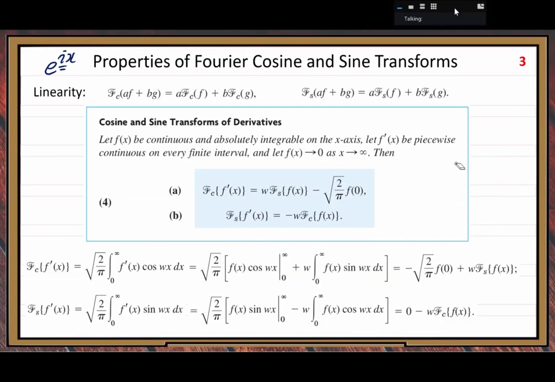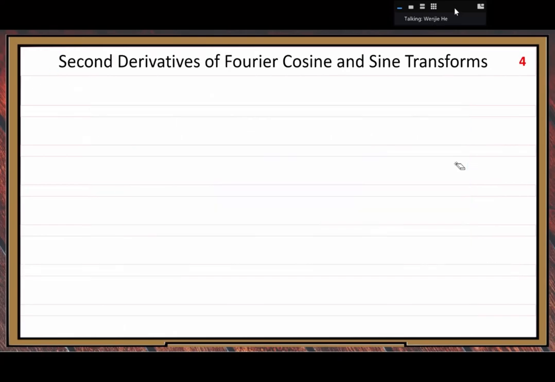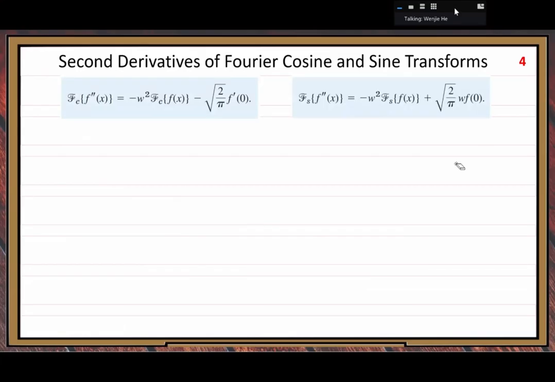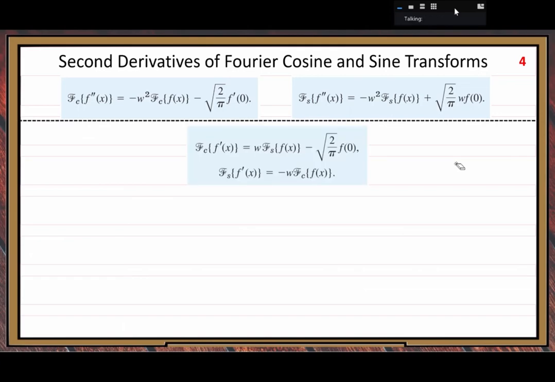All right, so the next slide, let's apply these two formulas to the second derivative. Here are the two formulas. When we do the second derivative, we need to do two versions, a cosine version and a sine version. So we copy the two formulas for the first derivative.